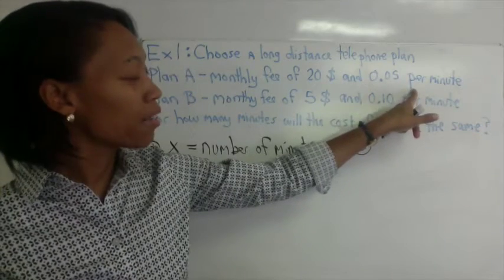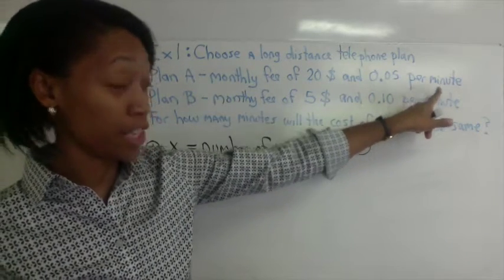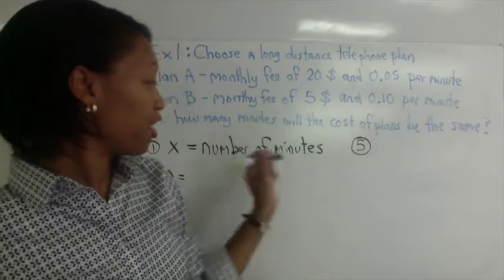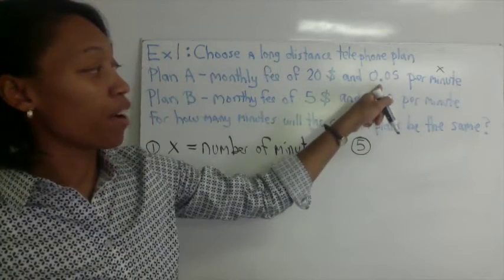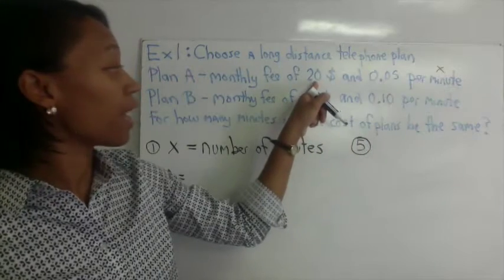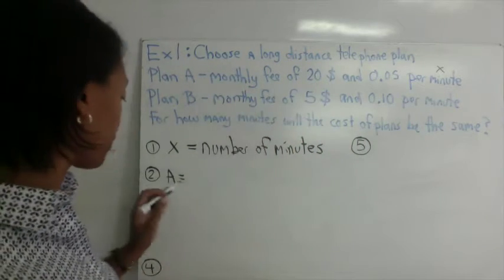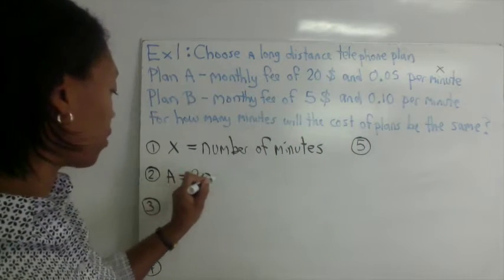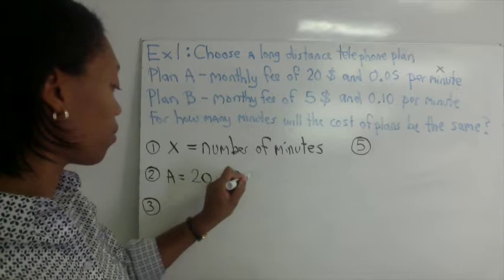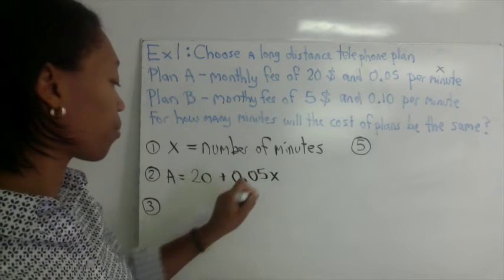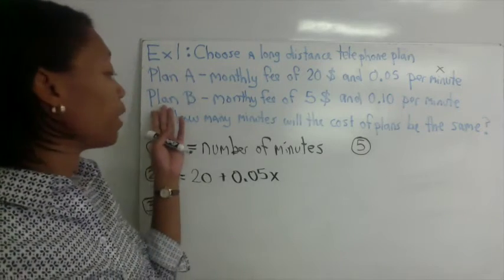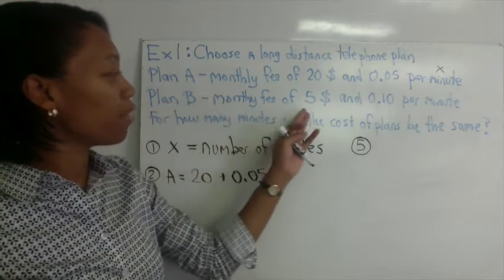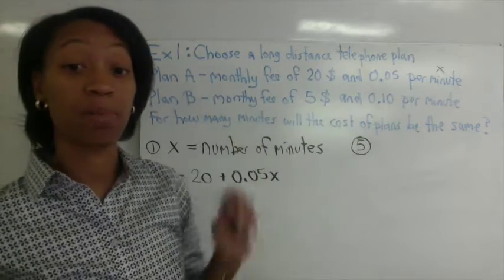Okay, per minute, that's going to be like times each minute. And each minute I had just decided is going to be X. So I'm going to have 0.5X, and I'm going to have to add $20 to that. So A is 20 plus 0.5X. All right, and what about for B? Plan B is a monthly fee of $5 and 10 cents per minute.